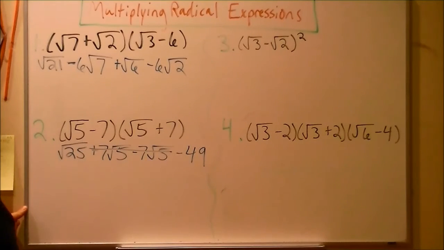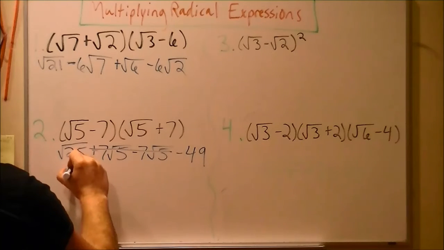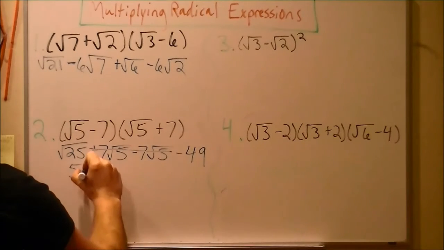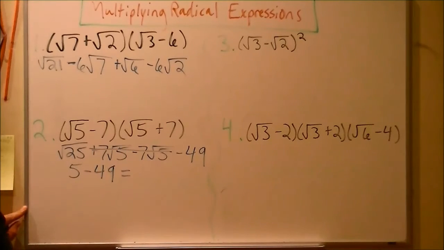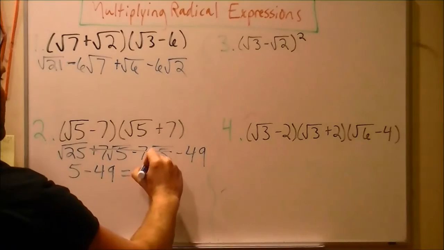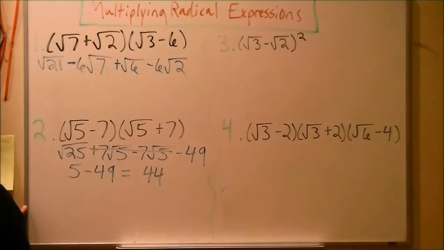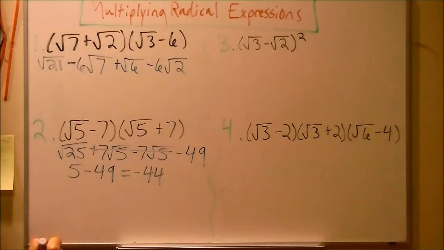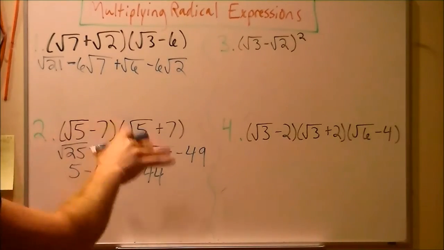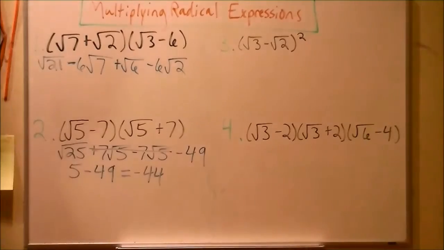That's 0. And what I'm left with is the square root of 25, which is 5, minus 49. The difference between the two is 44, and since the larger number is a negative, I retain my negative sign. So you see, if I FOIL it all out, I end up with the same answer, negative 44.